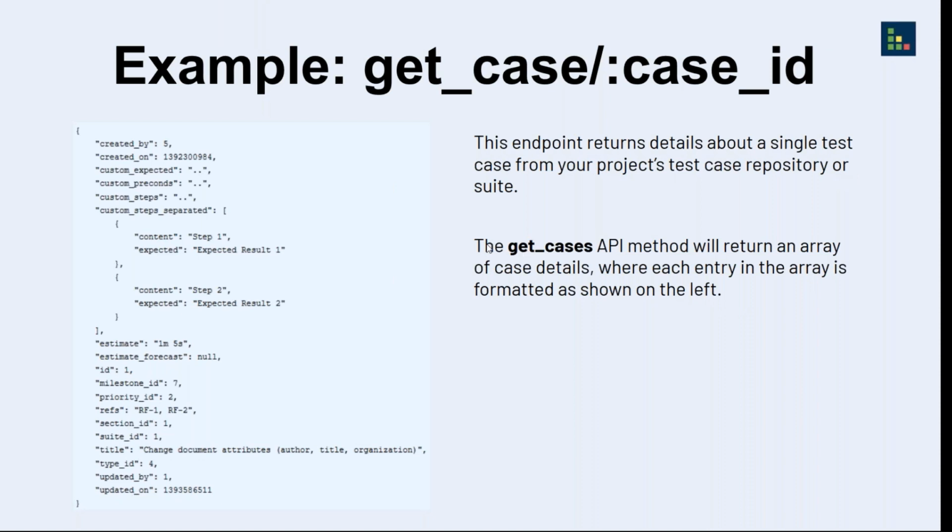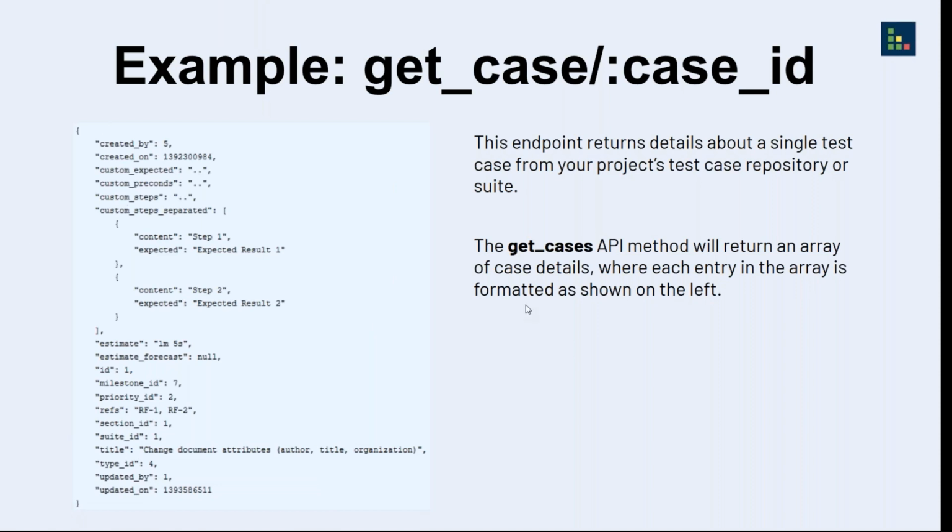You can also use a get cases API method to retrieve a list of test cases for your suite, or a specific section if you want to use a section filter, etc. The get cases API endpoint will simply return a list, or an array, of this kind of data.